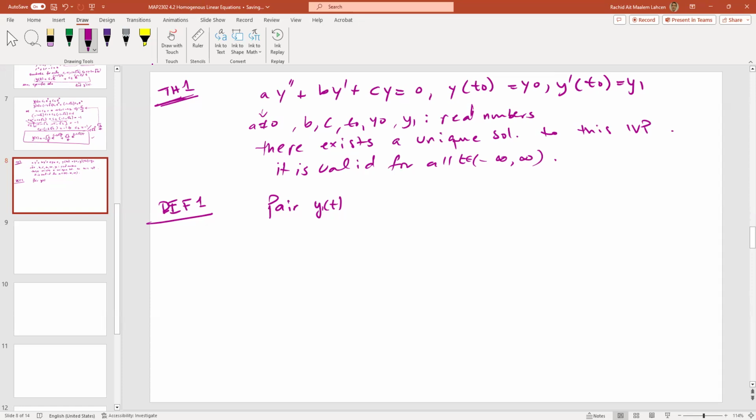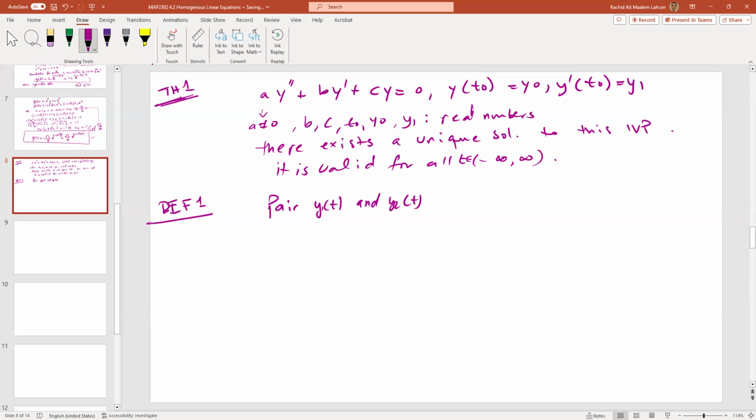So a pair of y1(t) and y2(t), of course, y sub 1 and y sub 2, they're functions dependent on t.